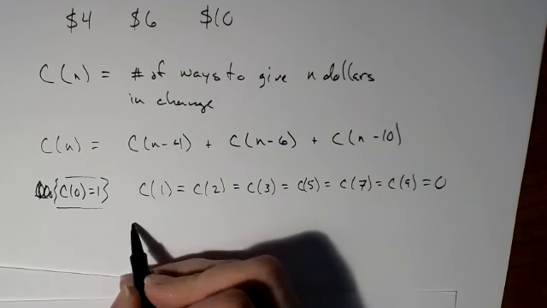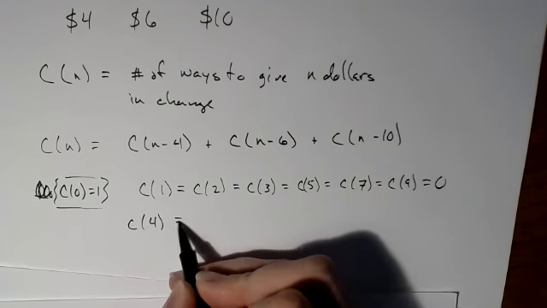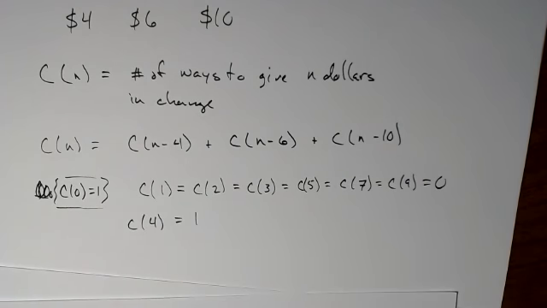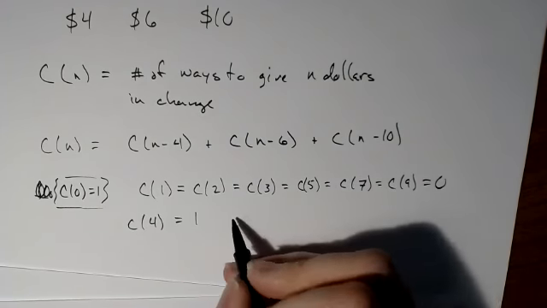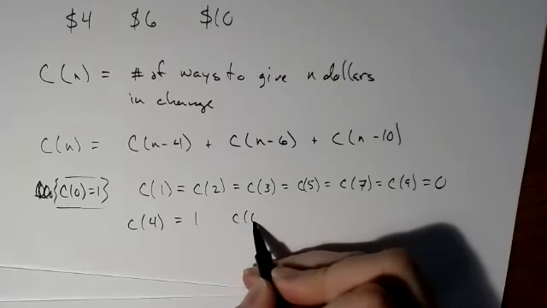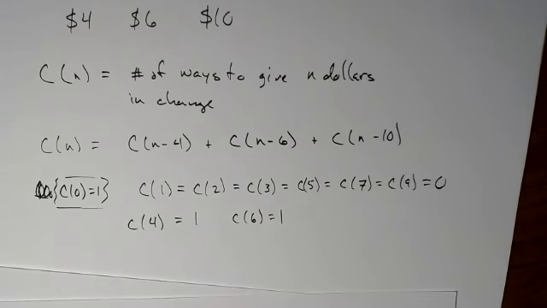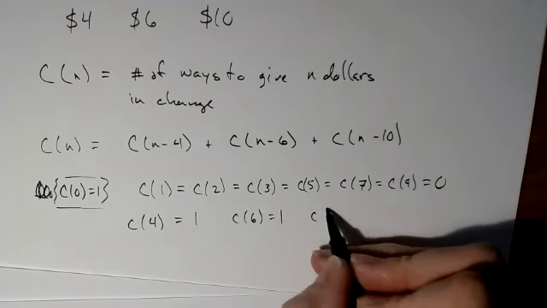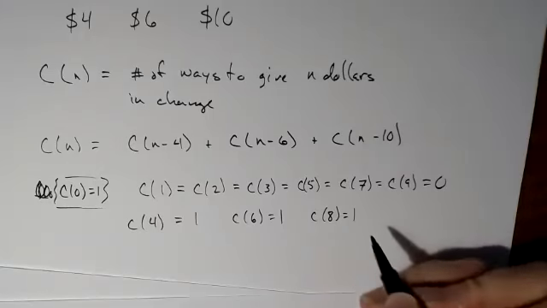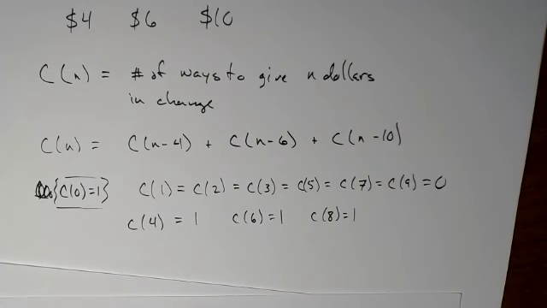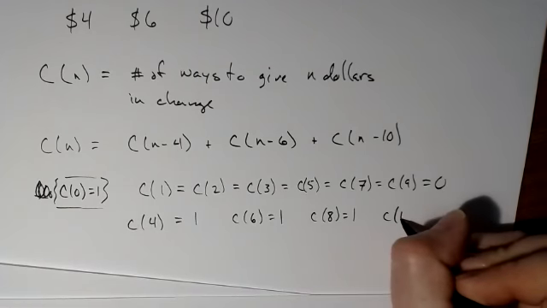So then that leaves C4. There's exactly one way to give $4 in change. C of 6, there's one way to give $6 in change. C8, there's one way to give $8 in change. And C10.